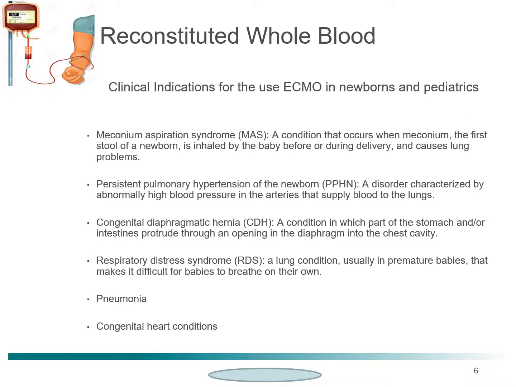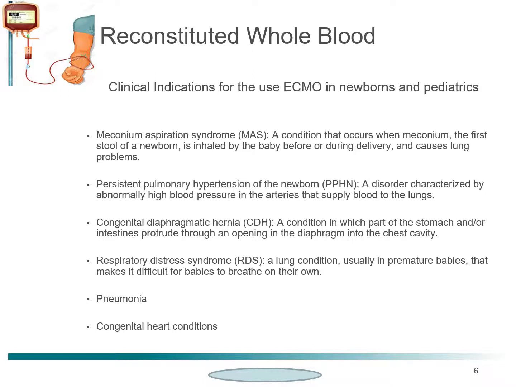Some of the clinical indications for the use of ECMO in newborns and pediatrics are meconium aspiration syndrome, a condition that occurs when meconium, the first stool of a newborn, is inhaled by the baby before or during delivery and causes lung problems. Persistent pulmonary hypertension of the newborn, a disorder characterized by abnormally high blood pressure in the arteries that supply blood to the lungs.